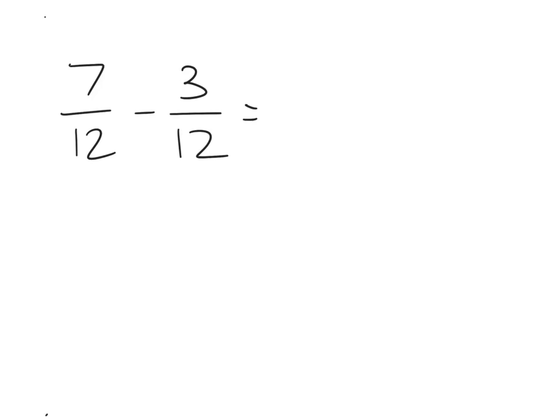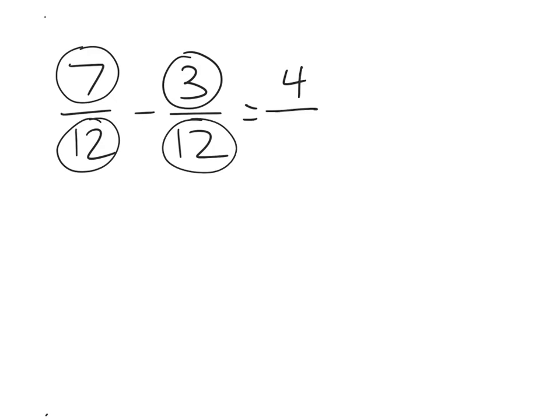Just like we looked at above with our previous problem, we can simply subtract the numerators, so 7 minus 3, which means that the numerator in my answer is going to be 4. And then I'm going to keep my units the same. So I'm keeping 12 as my denominator, so I get my answer of 4 twelfths.